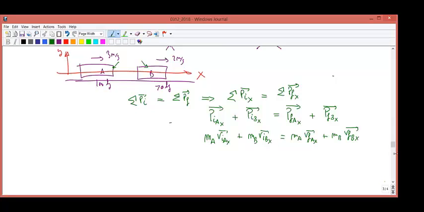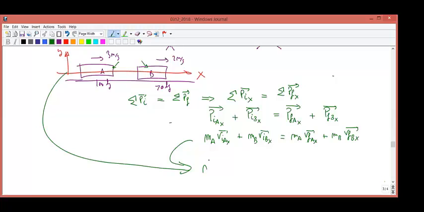Now let's look at each vector. We're not dealing with forces, now we're dealing with velocity. Same thing, it's back to chapter 2. If I decided to go positive towards the right, obviously the initial velocity of object A is positive because it goes towards the right. So now let's use our coordinate system and write down the scalar version. In this chapter, I would strongly suggest that you plug in numbers right off the bat.